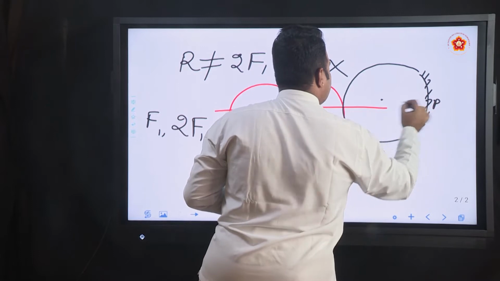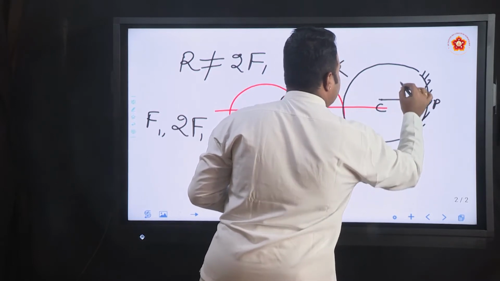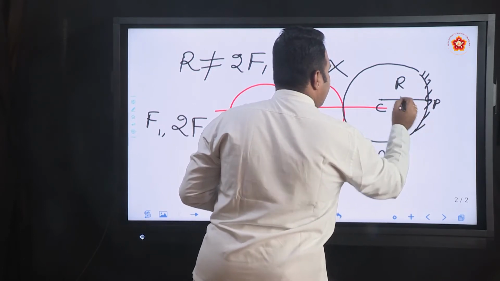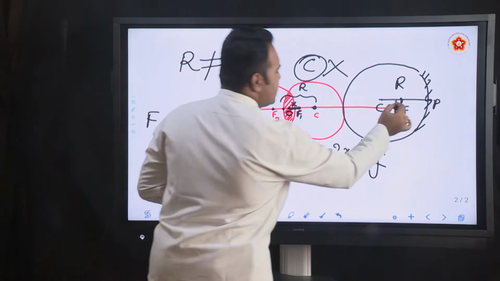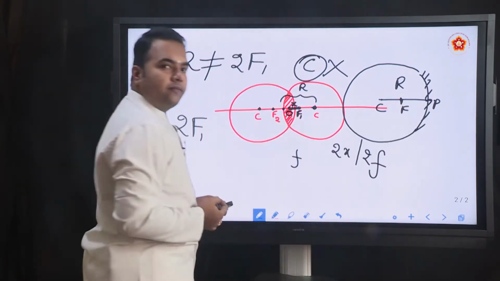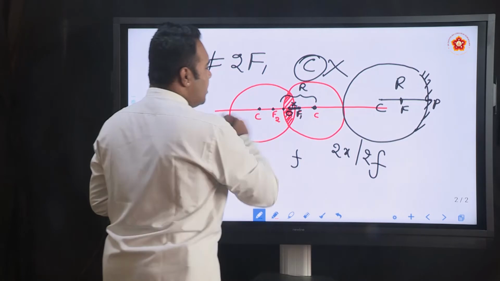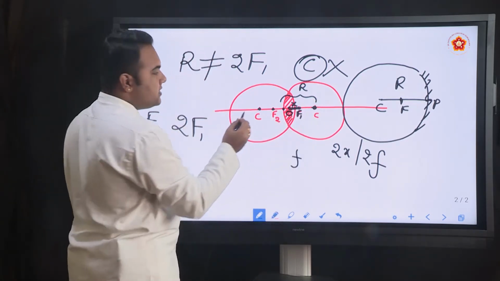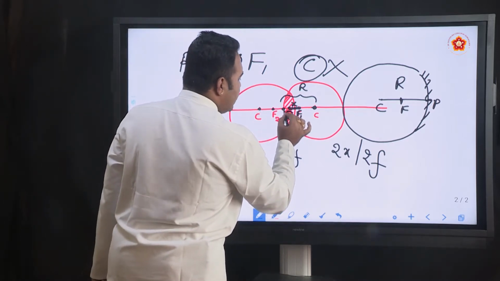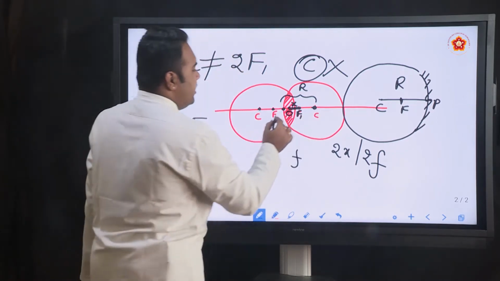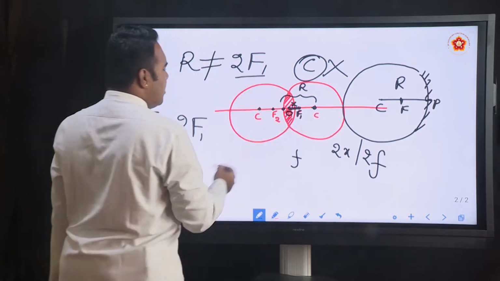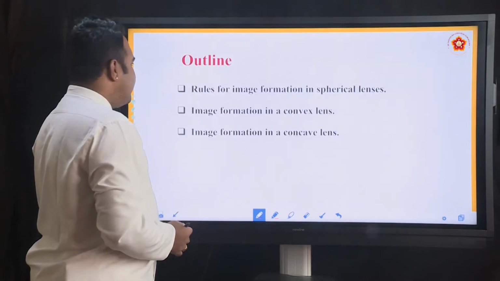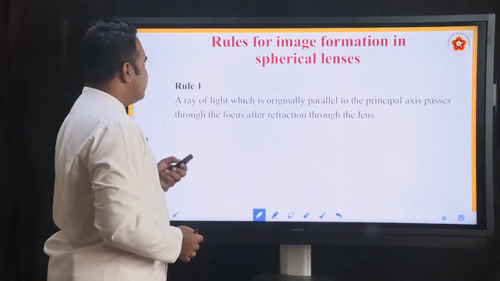The pole, the center of curvature, and the focus that we mark here, this focal point or principal focus, is the exact midpoint of P and C. Whereas in lenses, this will not be the case, because the radius of curvature, the distance we measure from the point on the lens to the center, need not coincide with 2F1 or 2F2 on the other side. Keeping this in mind, we look at image formation in spherical lenses.